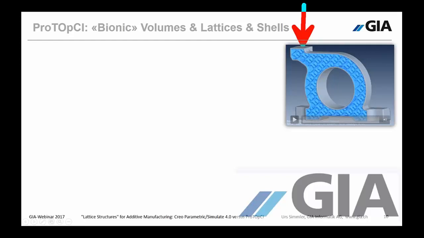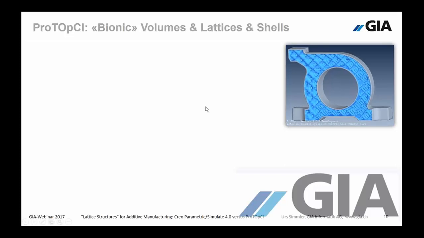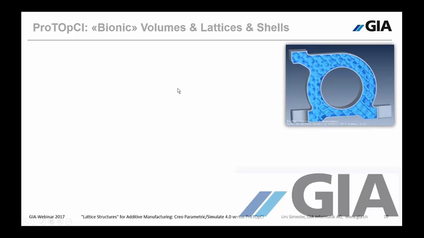Imagine if you have a component, maybe it will be loaded in that area. You know, okay, you will have more force on the left-hand side than on the right-hand side because of the geometric situation. That's easy to recognize by ProTOpCI, and it will optimize those lattices inside our component by just adding on the left side additional material, and on the right side it will take out some material.